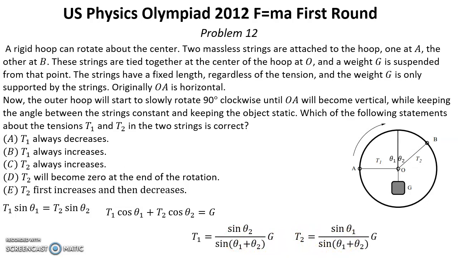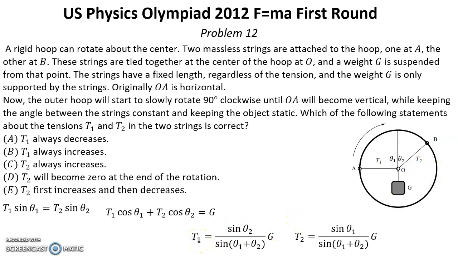Let's investigate them. We have in the denominator sine of theta1 plus theta2, and this is constant, and this sign is also positive because it lies between pi over 2 and pi.